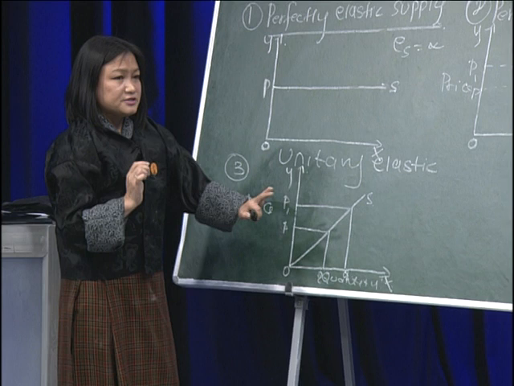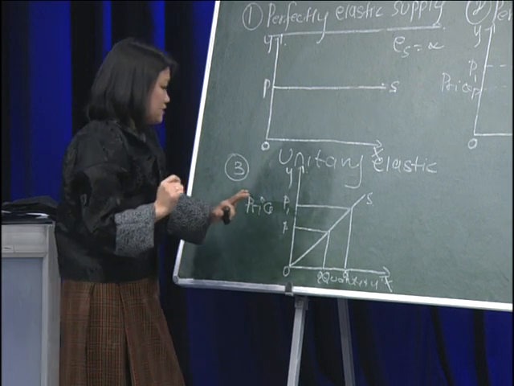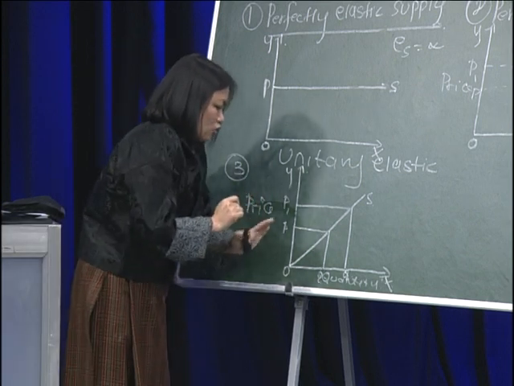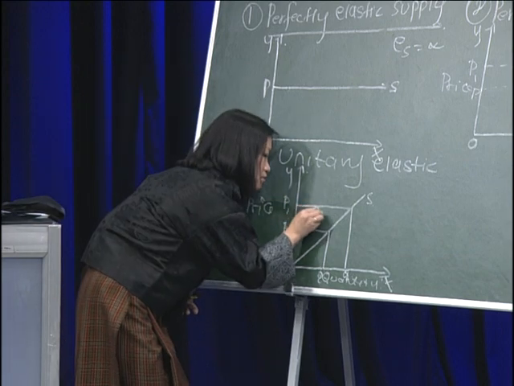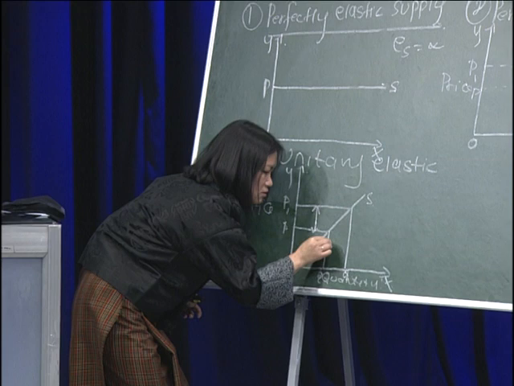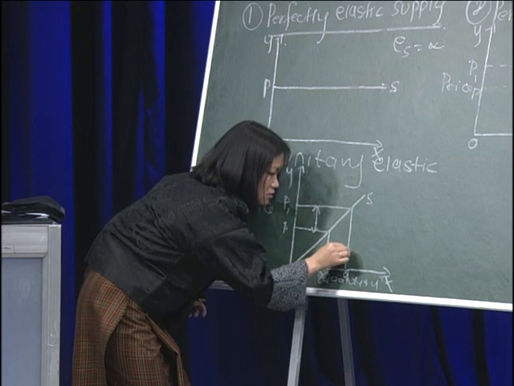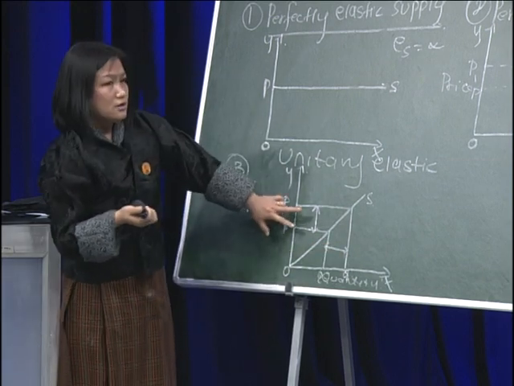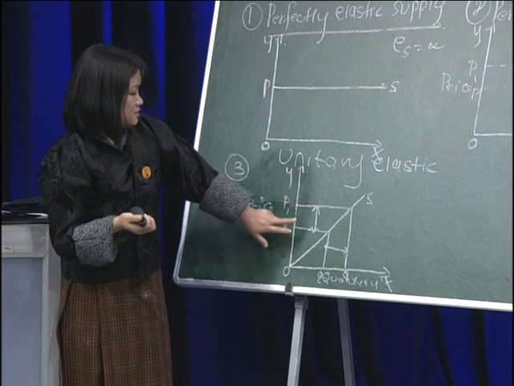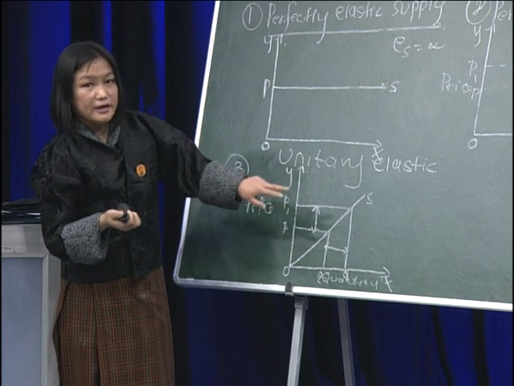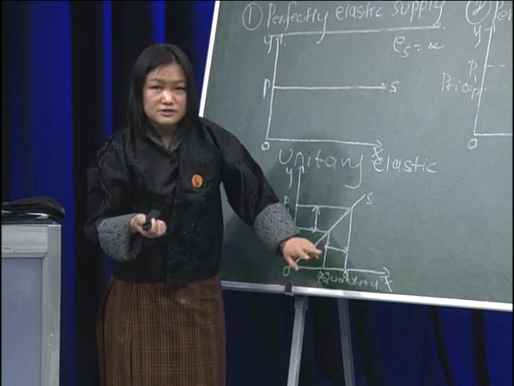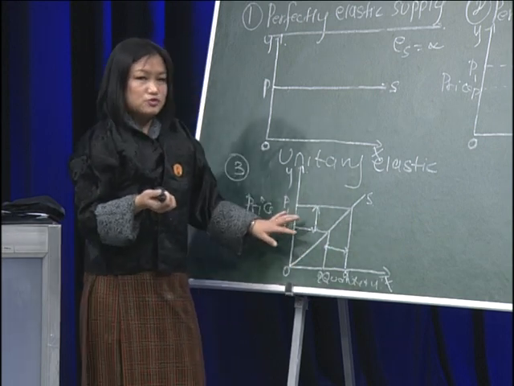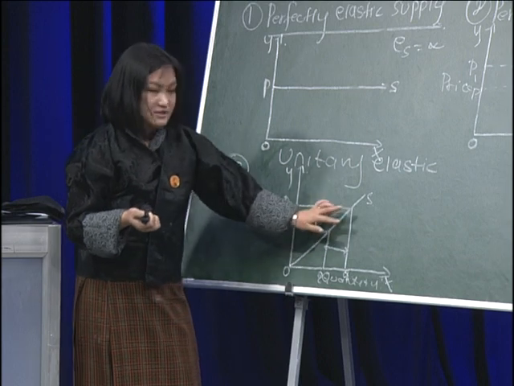So now let's look at the change, the magnitude change in the quantity supplied in response to the price. So if you look at this gap, that's the change in the price, that's between the old price and the new price, and then the change in the quantity, that's old quantity and new quantity, you'll see that there is equal magnitude, or the change has occurred in the same manner.